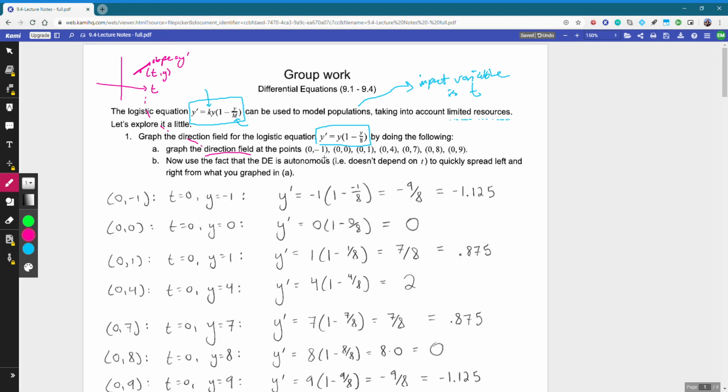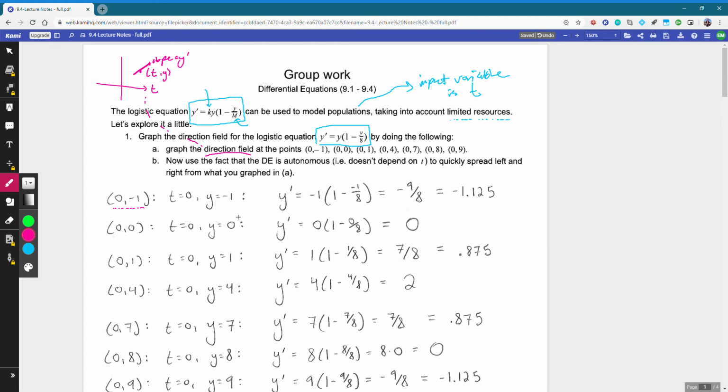And so just taking those one at a time, for 0, minus 1, we're going to plug in t equals 0, y equals minus 1 to our differential equation. And notice that there's actually no t involved at all with our differential equation, right? So the term that we use is this differential equation is autonomous. There's no input variable going on.